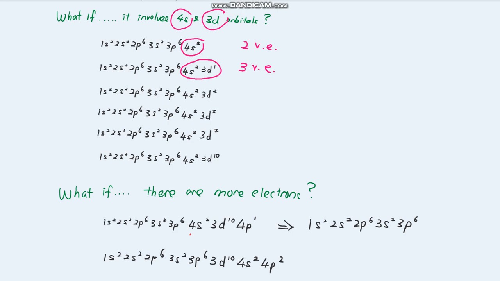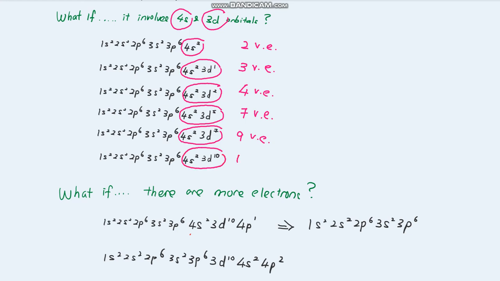The next example, you have 4s2, 3d2, give you 4 valence electrons. Next example, 4s2, 3d5, and altogether give you 7 valence electrons. And over here, we have 4s2, 3d7, give you 9 valence electrons. And the last one, 4s2, 3d10.